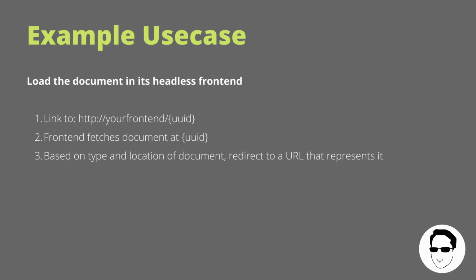Then your front end will contact the Bloomreach repository, grab the document that is identified by that UID or by that path, and then make a decision, possibly based on the type of document it retrieves, where to then redirect the user to allow them to see the document in action. And so that's in short how you add a button and a potential use case.